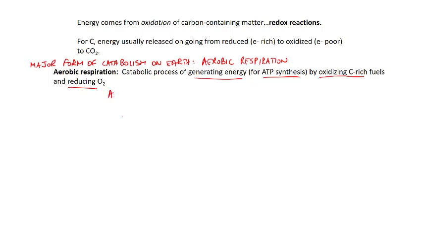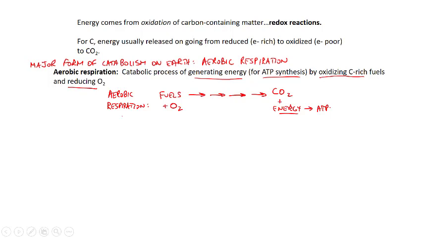So aerobic respiration works like this. We take our fuels, which are our food sources, and we oxidize them. Our oxidizing agent is O2 gas, which is abundant on Earth. And then we burn them essentially until we have CO2 and energy. And that energy can then be used to power ATP synthesis.